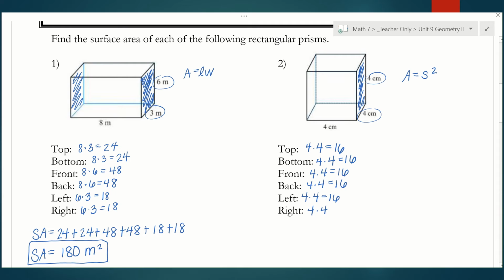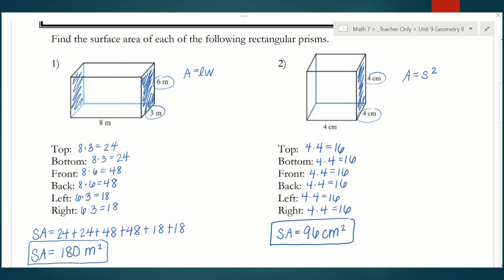What's really cool about cubes is that you really just need to find the area of one of the faces, and then you just add that together 6 times because all 6 faces have the same area. So let's add that 16 plus 16 plus 16 6 times, or you could just do 16 times 6. And you're going to get that the surface area is 96 centimeters squared.